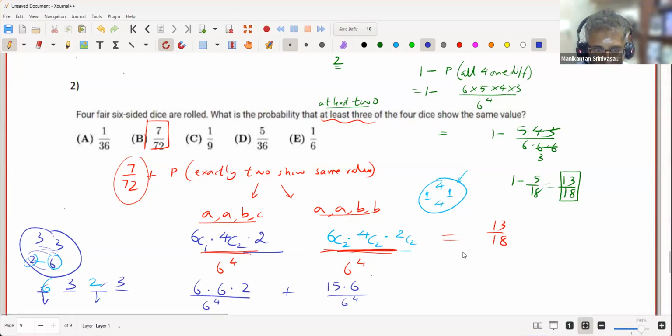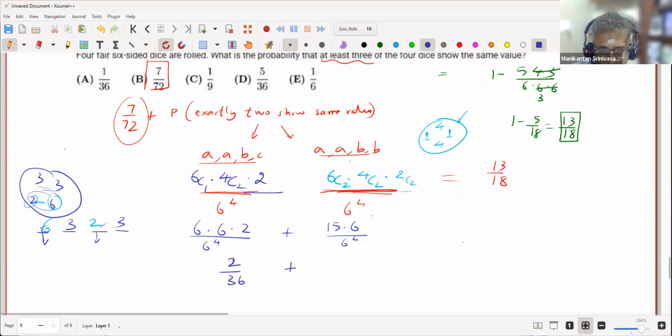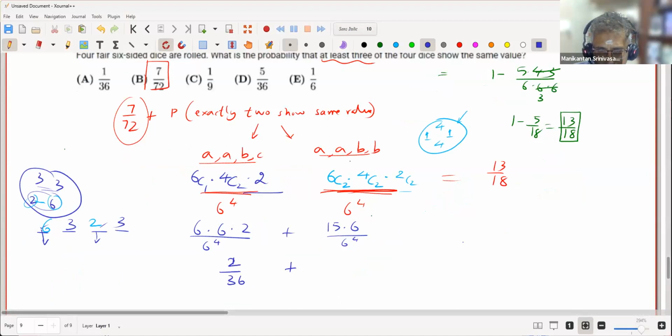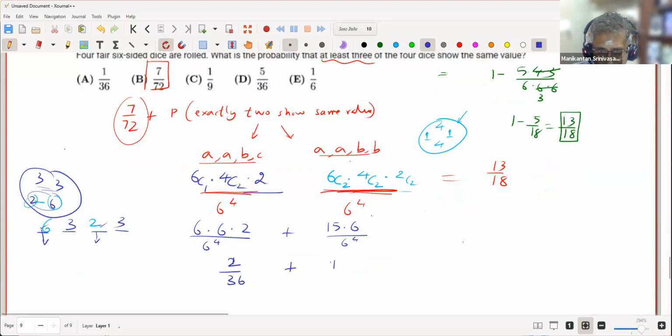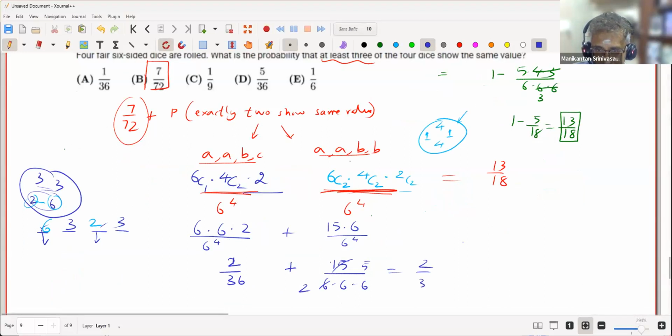This is 2 over 6 square, so it's 2 over 36. And this is 15 over 6 into 6 into 6, right? I can cancel one 6. 6 goes 3 times. So 3 goes 2 times. 3 goes 5 times. So 2 over 36, and whatever it is, 5 over 72.